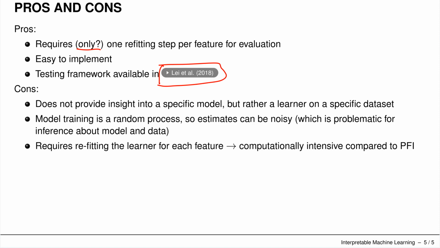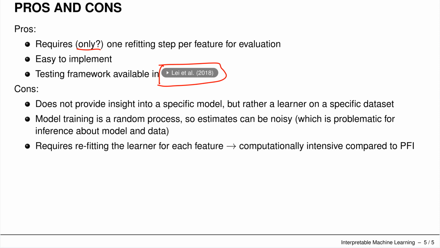And model training is a random process, so the estimates can be noisy. You could solve that problem by refitting several times, or you might introduce some bootstrapping or things like that, but then you won't have this only anymore because it would be quite computationally expensive.